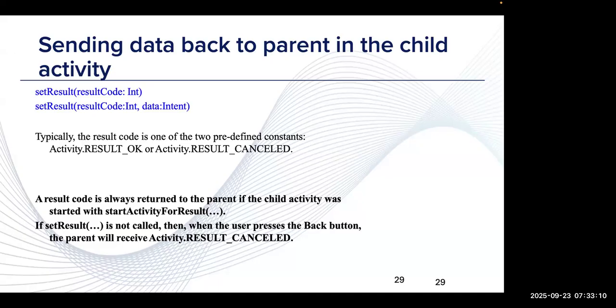Result canceled means we just went to that screen but didn't perform any action, so we just returned. A result code is always returned to the parent if the child activity was started with start activity for result. If set result is not called, then when the user presses the back button, the parent will receive the activity result canceled. That's pretty much the difference between these two.